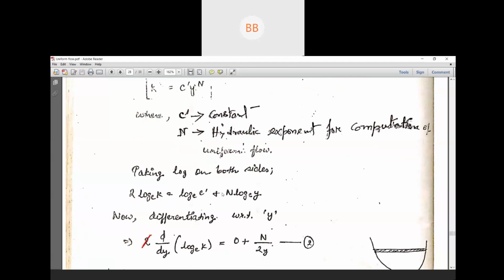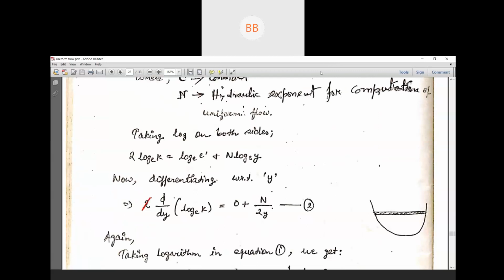Now we are going to take log. So we have this equation K square equal to C dash y to the power N. Now we are going to take log on both sides of this equation.